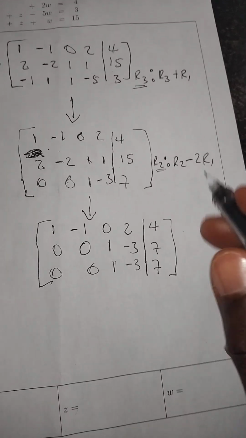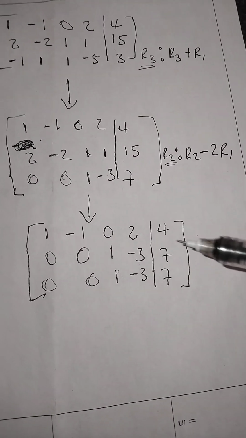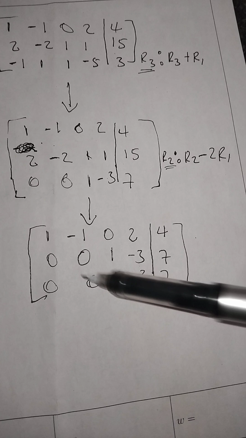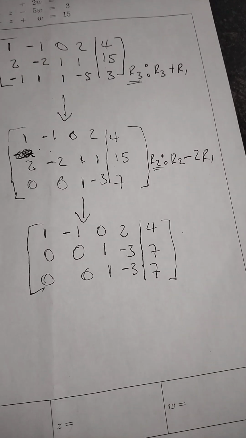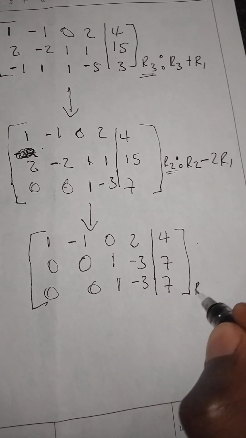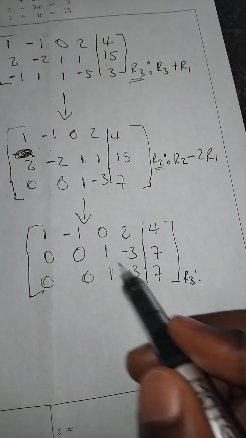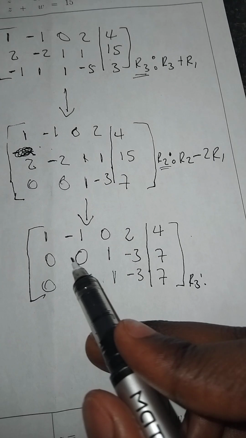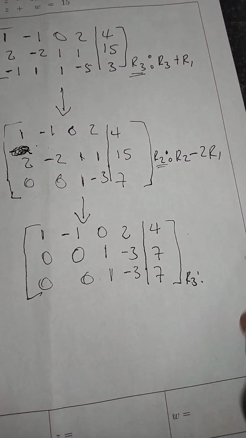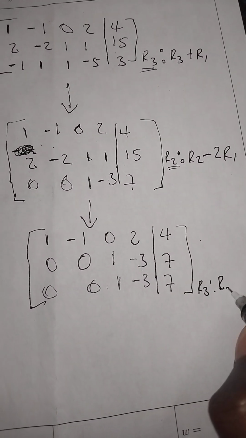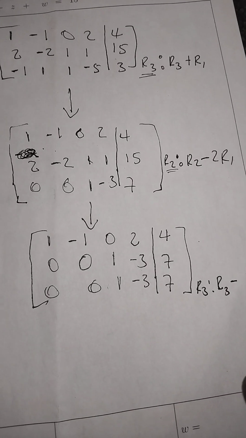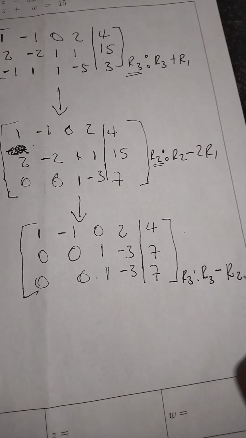Now that I've applied operations to get this, I can go on to row 3 again and apply operations. I want a 0 there, so I have to subtract these two rows. I'm going to say row 3 minus row 2.